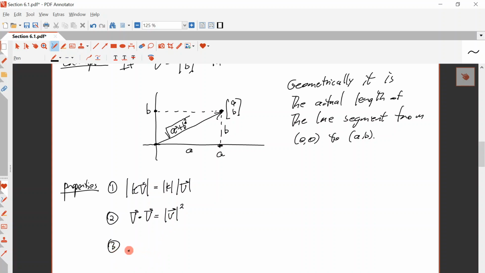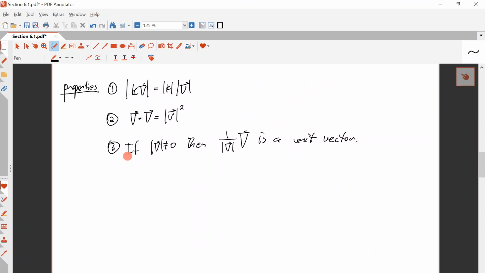And three, if the length of v is not 0, then the scalar 1 over the length of v times v is a unit vector which points in the same direction as v.